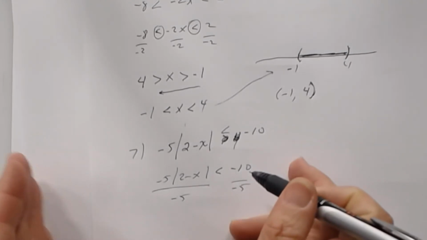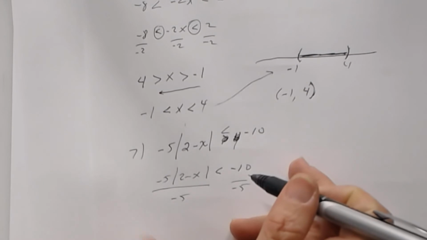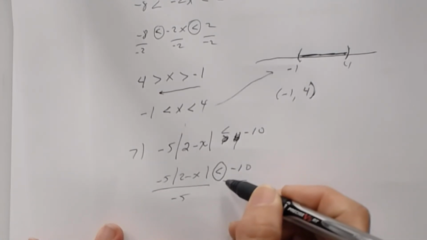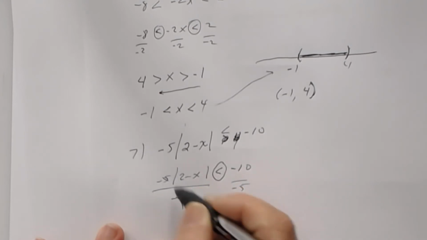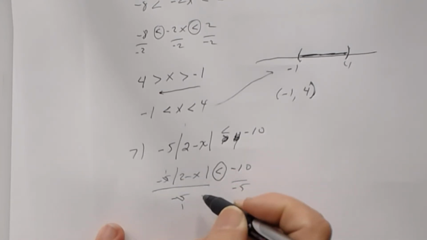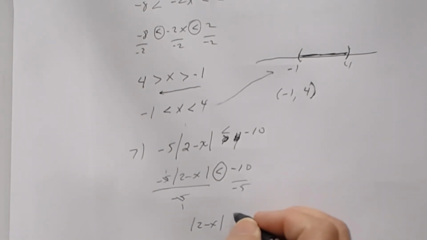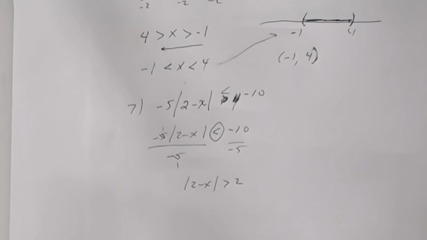So remember, you divide or multiply both sides of an inequality by a negative number, you have to reverse the inequality symbol. So the -5s divide, and it gives you 1 here. 1 times the absolute value of 2 minus x is the absolute value of 2 minus x. So I have the absolute value of 2 minus x is what now? Greater than 2. Right, so that's where I'm at.